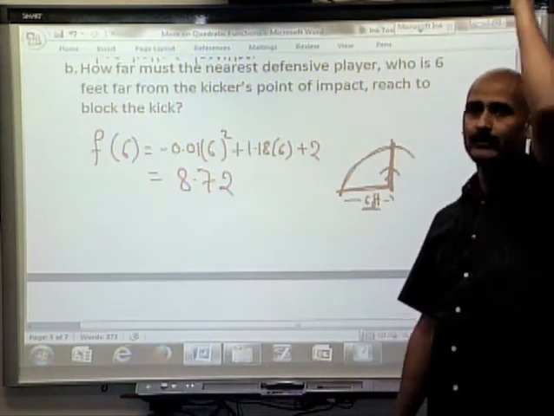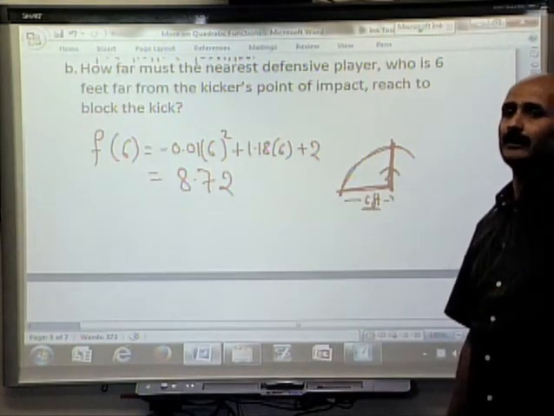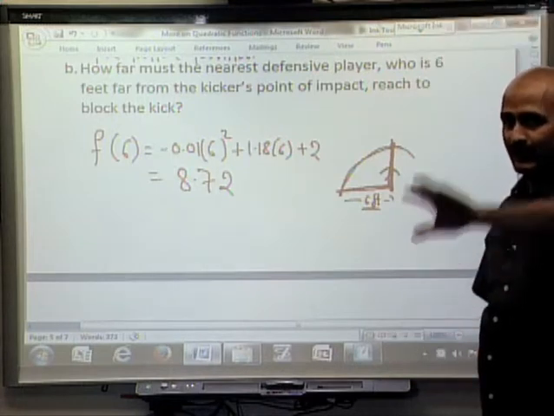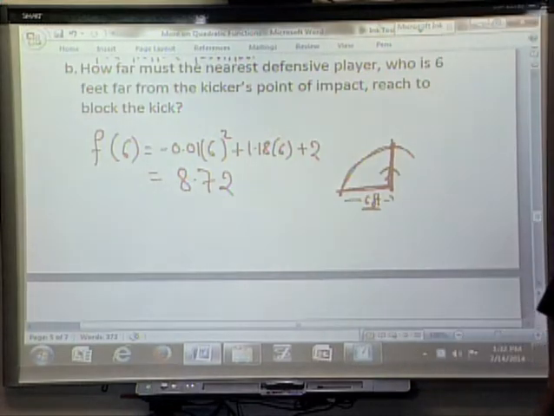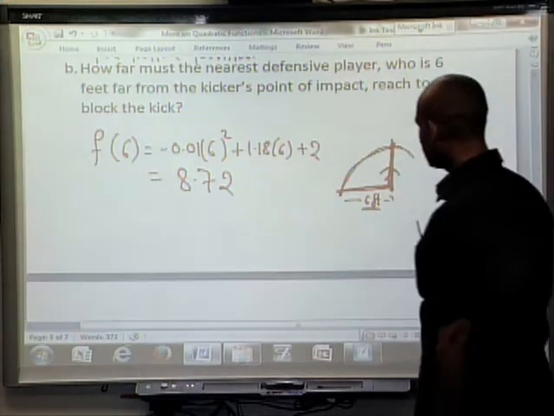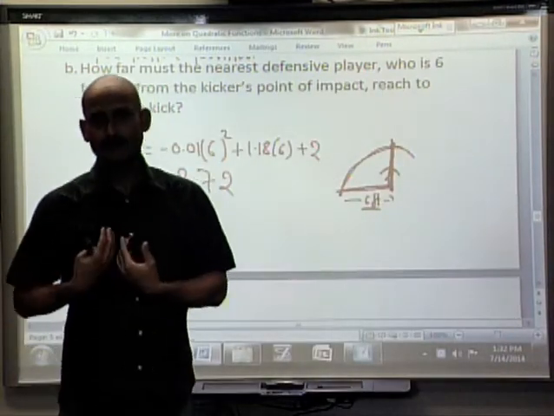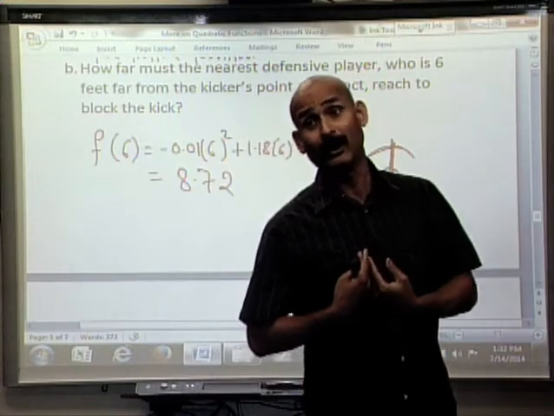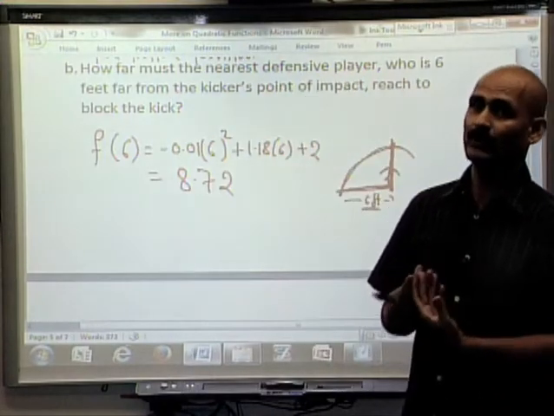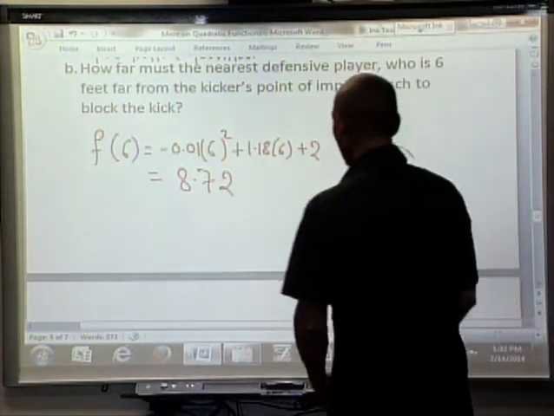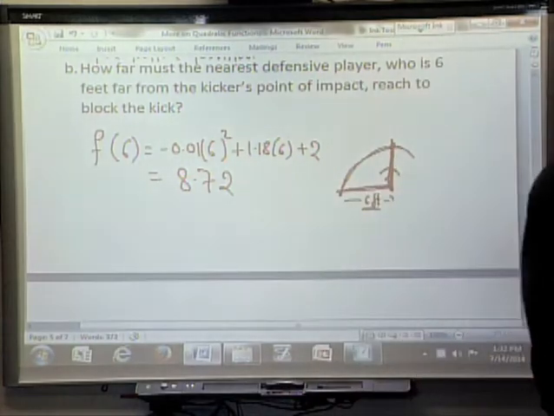If the person is already 8.72 feet, including the length of the hand, he doesn't need to jump, he can easily block the ball. But for me, I am 5'6", so I have to jump a lot if I want to block the ball. Okay, so the second question is done.